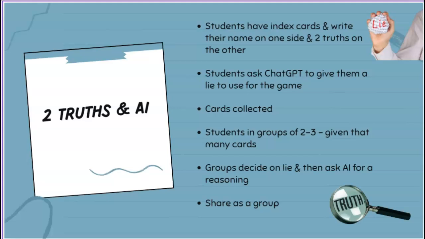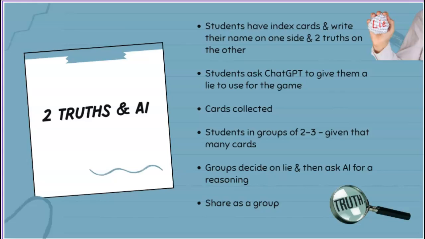The other thing I did tell them was to tell ChatGPT that we were playing a game so that it would understand it was okay to give a lie. Generally speaking, AI does not like to lie. So I told them to give it the precursor of, yes, it is a game that we are playing.